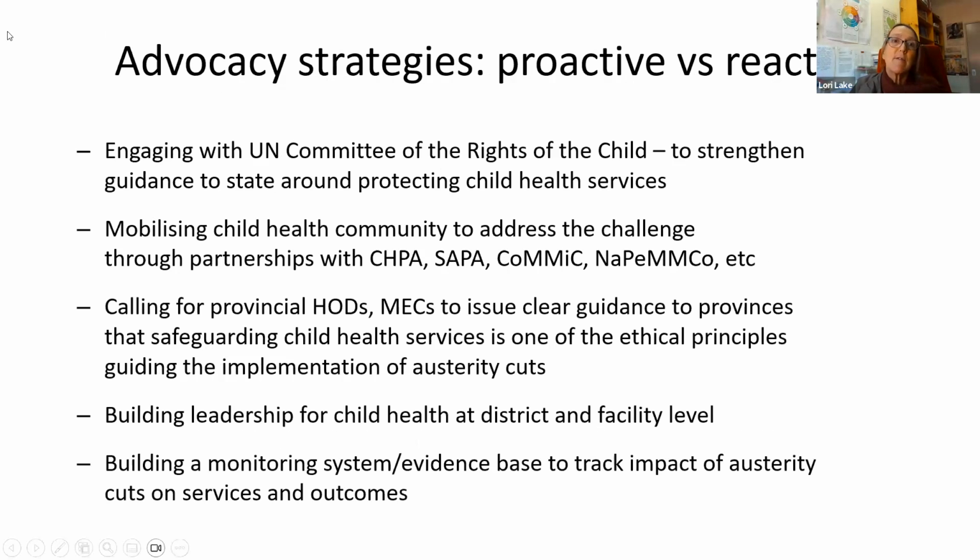And then this raises the question of, when and how do we advocate for child health? In my view, it's really important to be proactive to try and prevent these cuts before they kick in. And we've done a number of different things over the last 2 years.